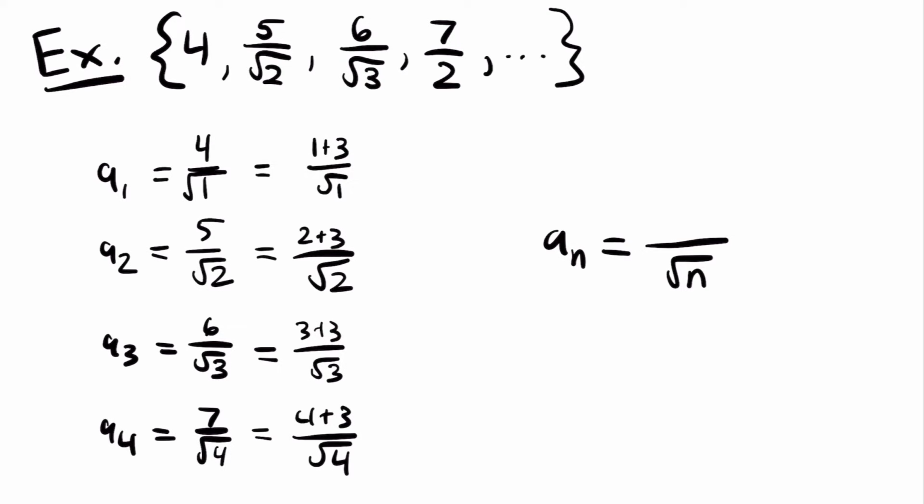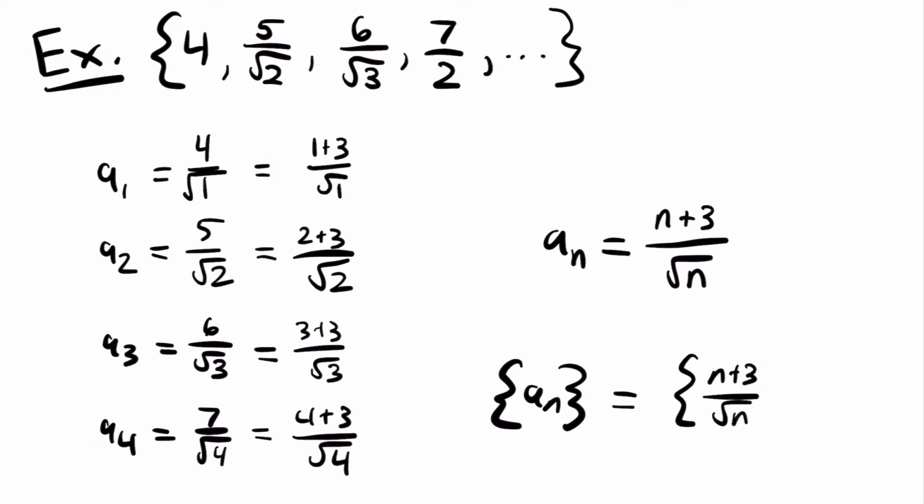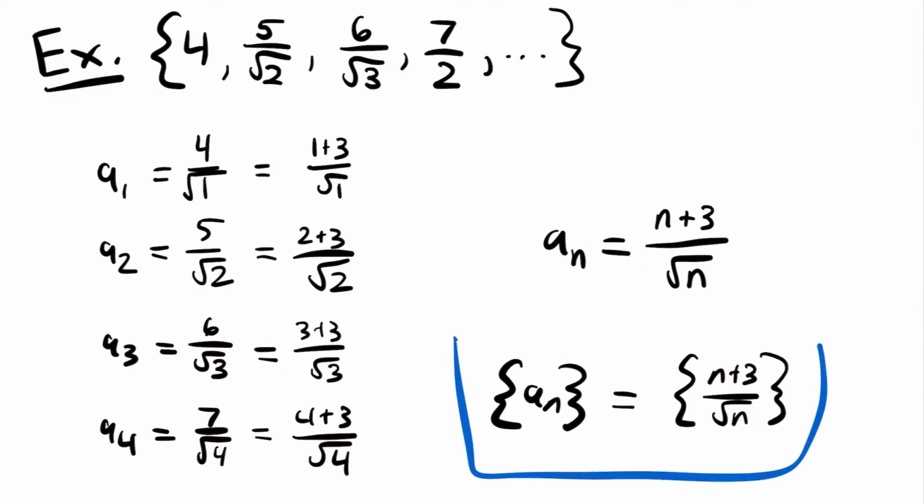And so we can conclude for this sequence that the numerator will always be the value of n plus 3. And so if we go to our nth term here, we'll have n plus 3 in the numerator. And so our sequence, a sub n, will be equal to n plus 3 divided by the square root of n. That is the sequence that will represent this list of terms.